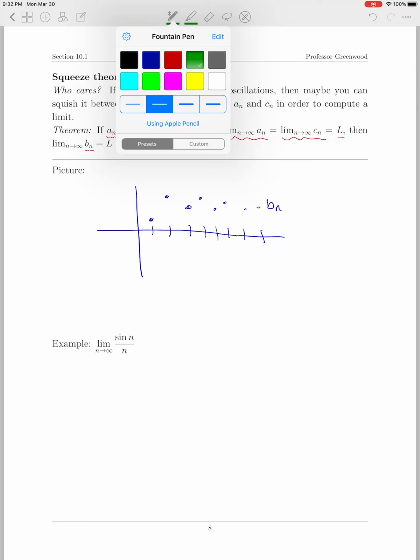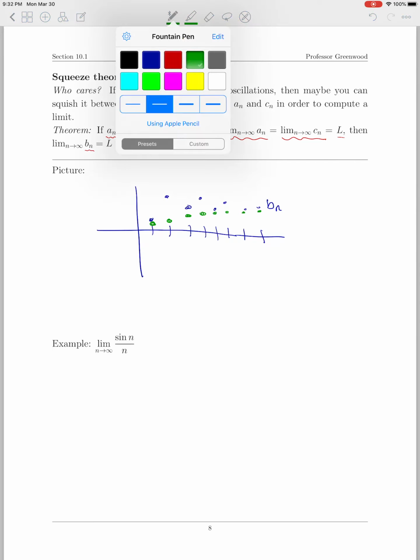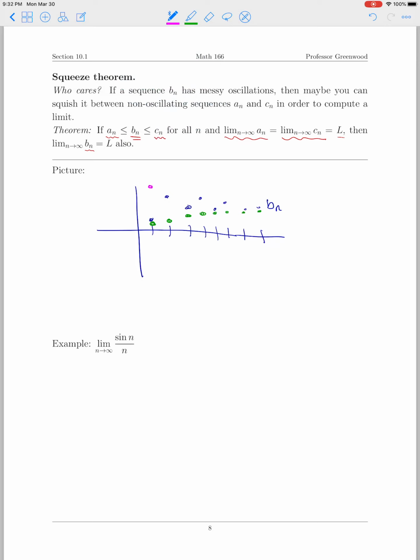But maybe we can find really easily some other sequence, a sub n, that's much better behaved than b sub n, but it still ends up going to the same sort of point overall as the b sub n's. And then maybe we can find another sequence, c, which is bigger overall than b sub n, but it also ends up going to the same sort of trajectory in the long run.